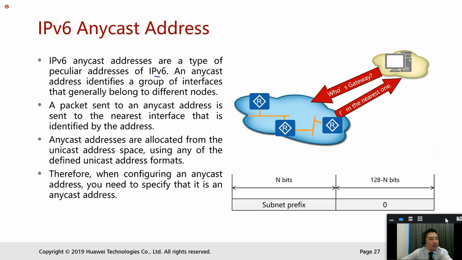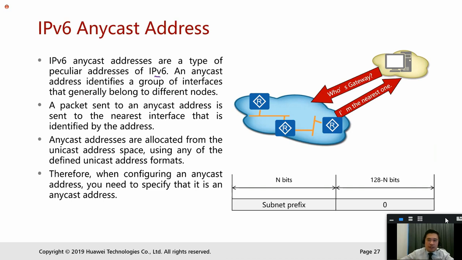Therefore, when configuring an anycast address, you need to specify that it is an anycast address. You need to tell the routing protocols that this address is used as anycast. You have to define that the address you're assigning right now is meant for anycast purposes. That is how we specify the anycast address.